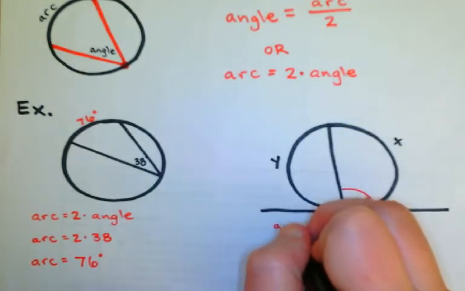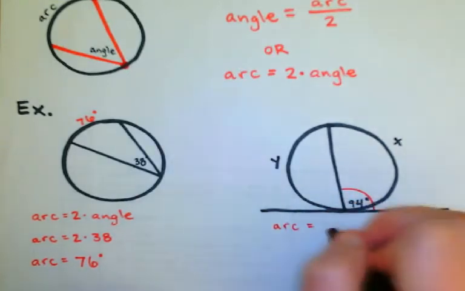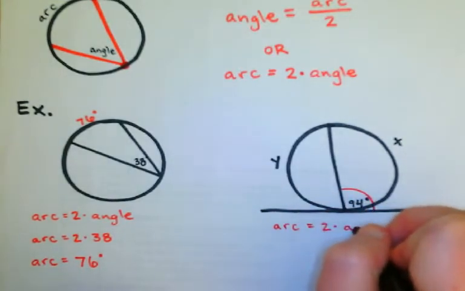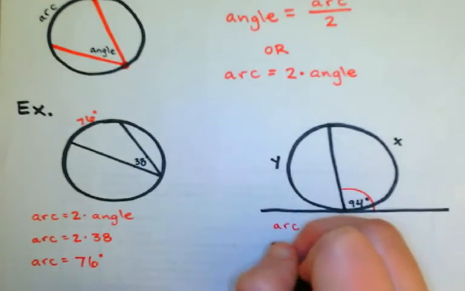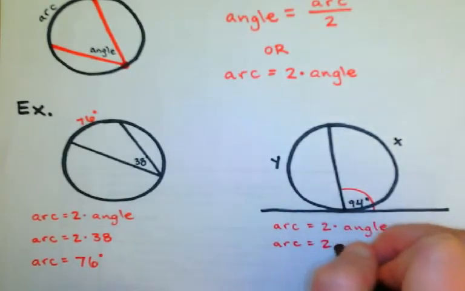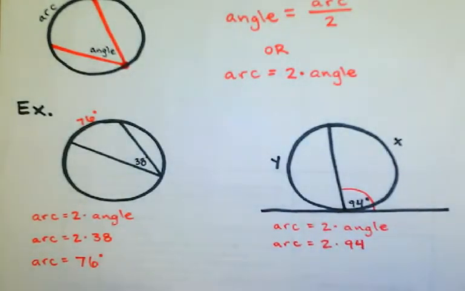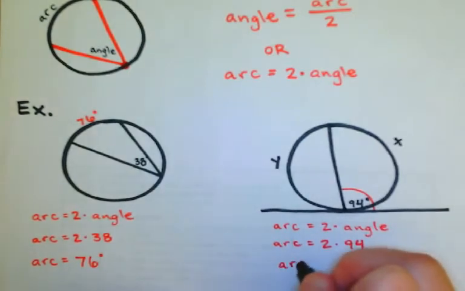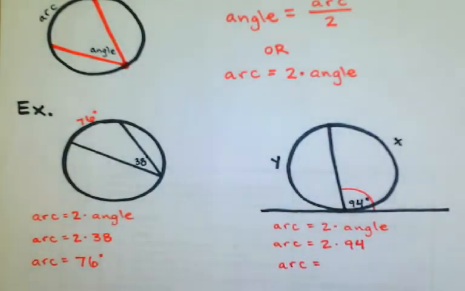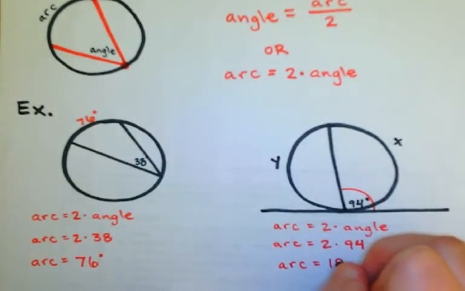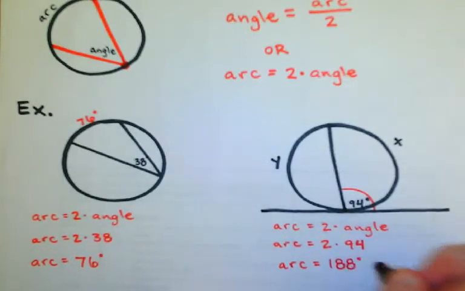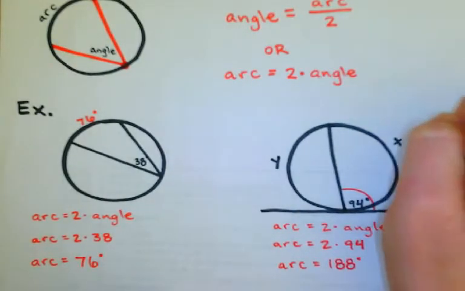So again, arc equals 2 times our angle. So 2 times 94 is going to give us, what's that? 188. So this x is equal to 188 degrees.